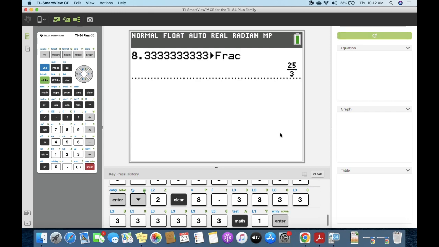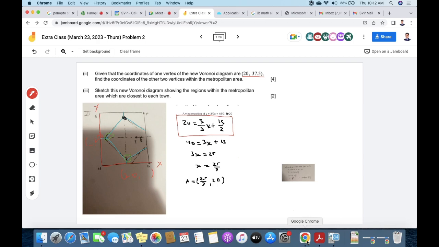Yeah, 25 over 3. So I think we will get the same answer, 25 over 3. So that's the value of the x.